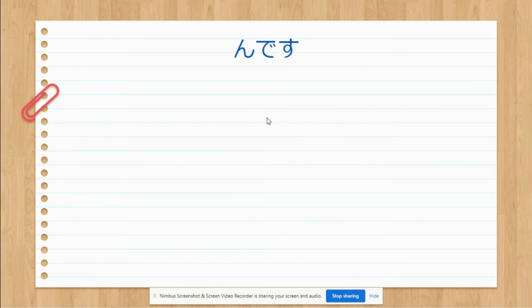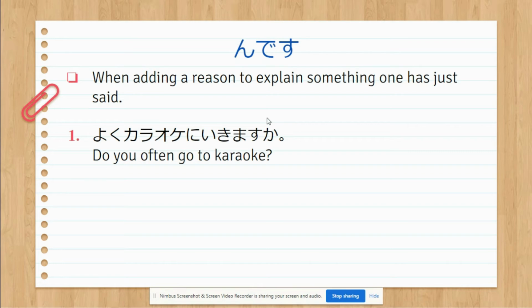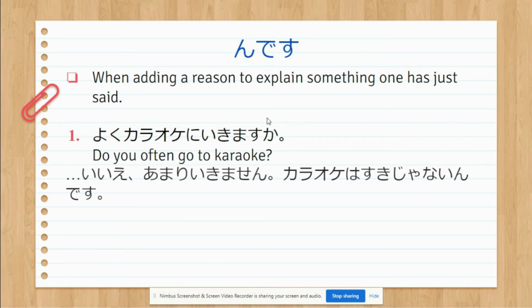Another thing is that when adding a reason to explain something one has just said, that means you already mentioned something and you just have to add something as reason or an explanation. For example, yoku karaoke ni ikimasu ka? Do you often go to karaoke?